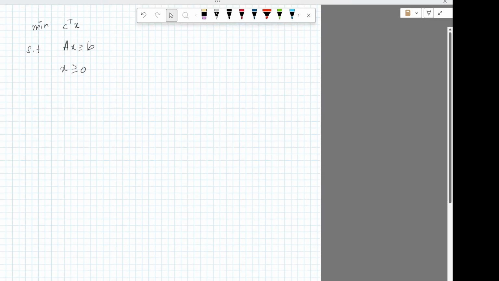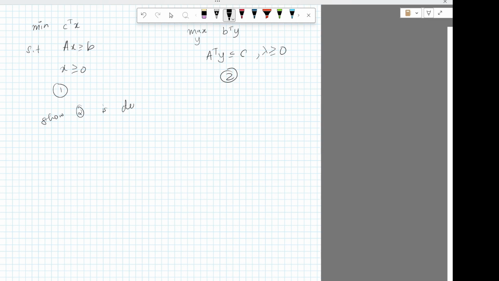And we have, okay, we need to show that 2 is the dual of 1. So the question: show 2 is the dual of 1.